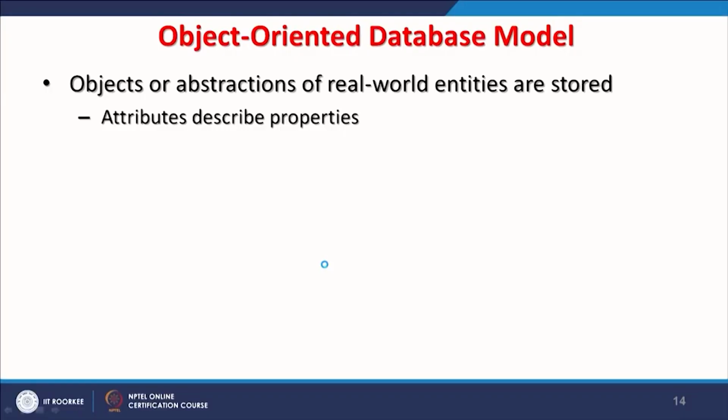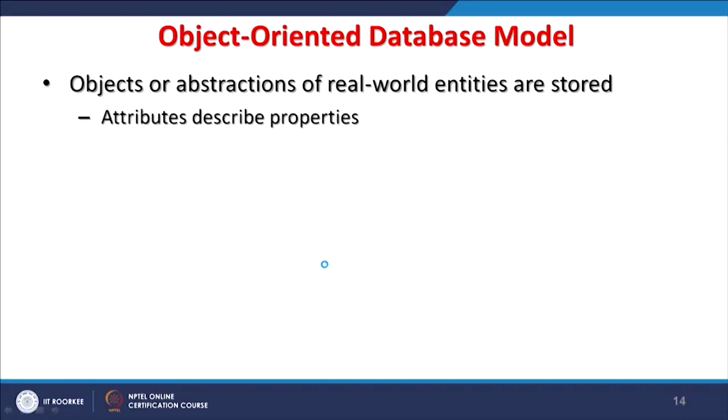Now, one more type of database model which we can discuss is the object oriented database model, or object oriented programming, which people call OOPS. It is on the same concept that objects, or abstractions of real world entities, are stored. This is what we are doing in GIS also. We are representing the real world in abstract form.